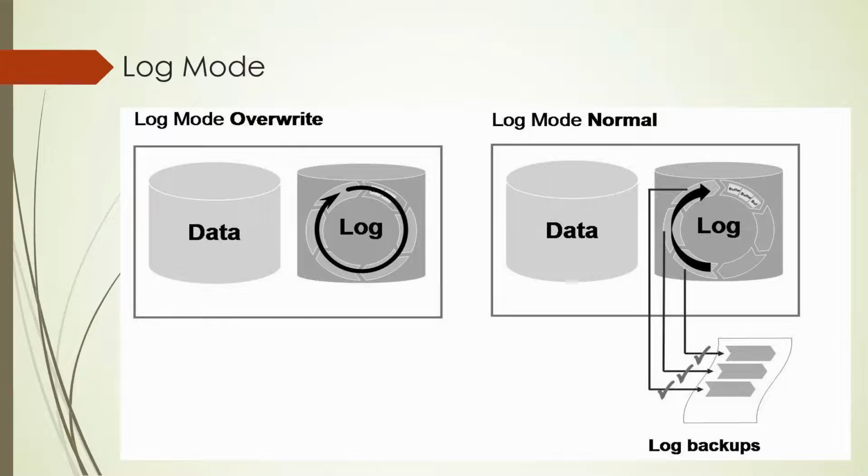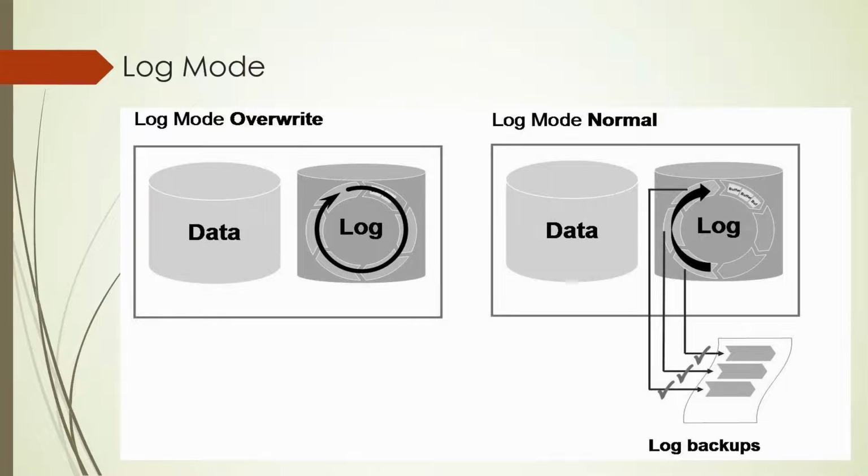People use log mode equal to normal for all sandbox, development, quality, and production. So configure the log mode equal to normal. When we install the HANA database, by default the log mode is configured as normal, and during the installation it sets the automatic log backups.